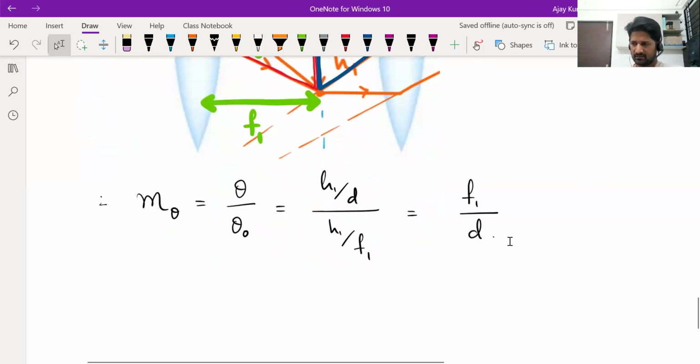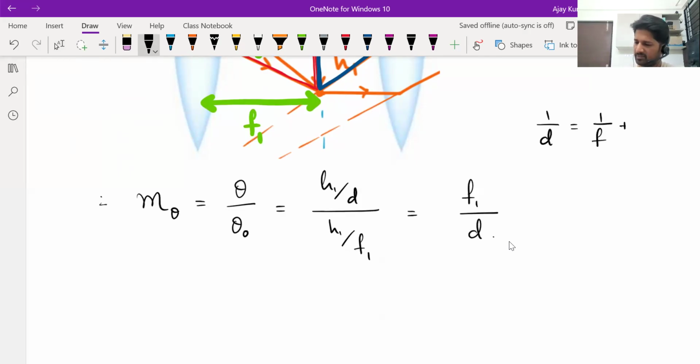And Richard, a little while ago, when I asked you the formula for magnification, you told something in terms of d, f, and x. Can you repeat that? The d is small. 1 by d is equal to f plus x by fx. Okay, 1 by d is basically 1 by f plus 1 by x. Can you tell me what are d and x in this? f is focal length, obviously. What are d and x?